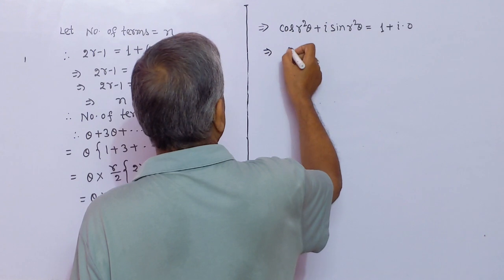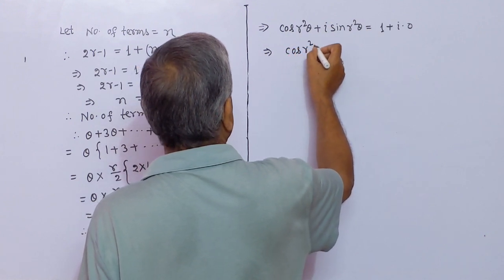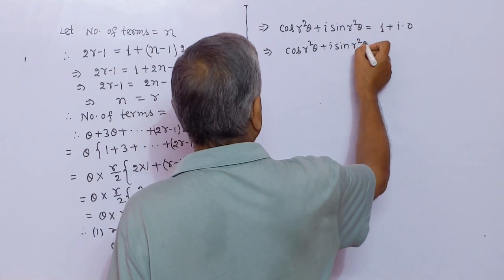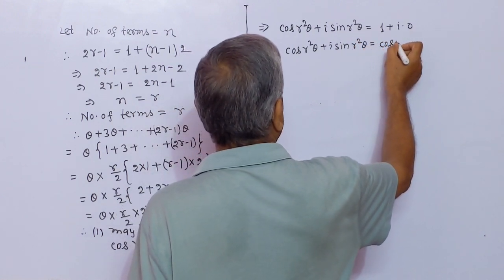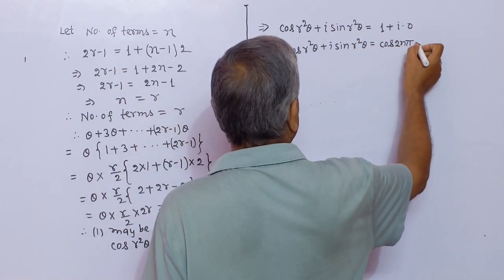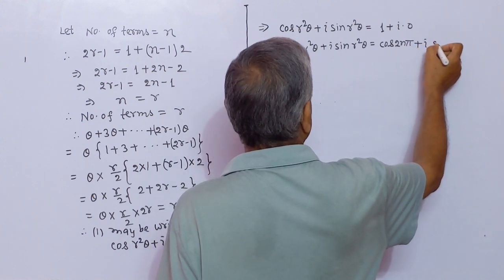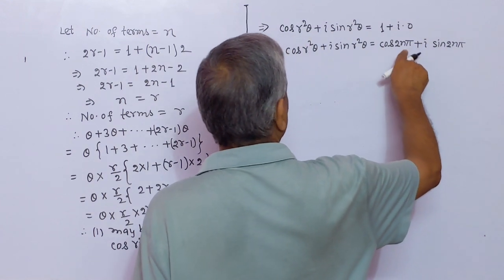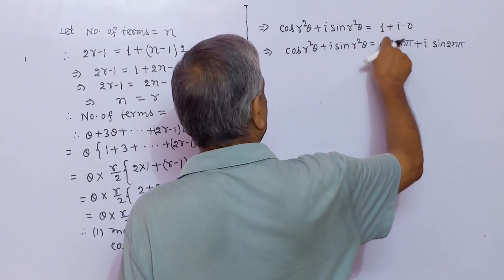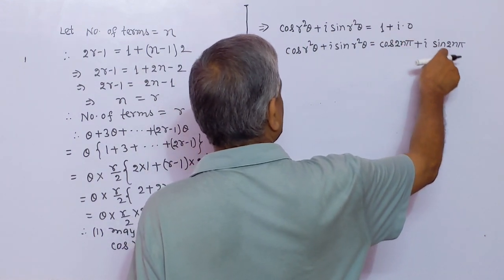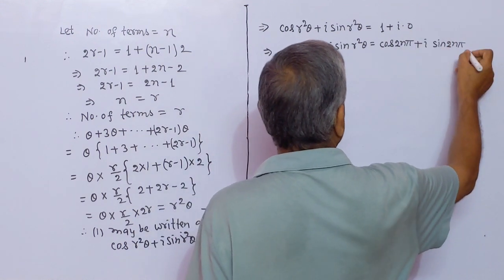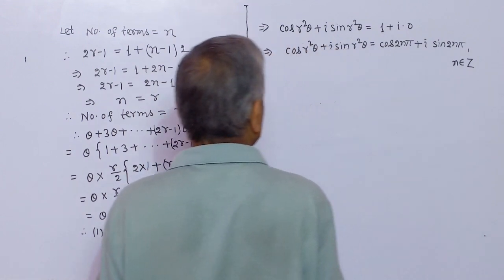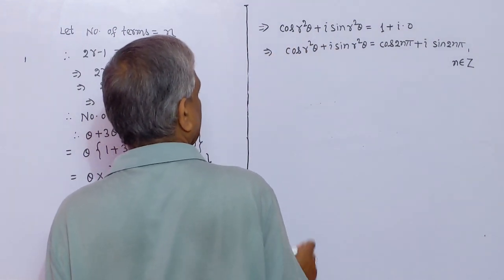We may write this cos(r square theta) plus i sin(r square theta) equal to cos 2n pi plus i sin 2n pi, since cos 2n pi equal to 1 and sin 2n pi equal to 0, where n belongs to Z, the set of integers.